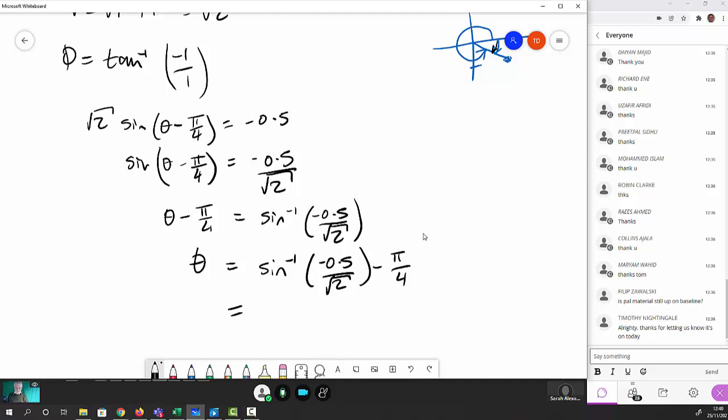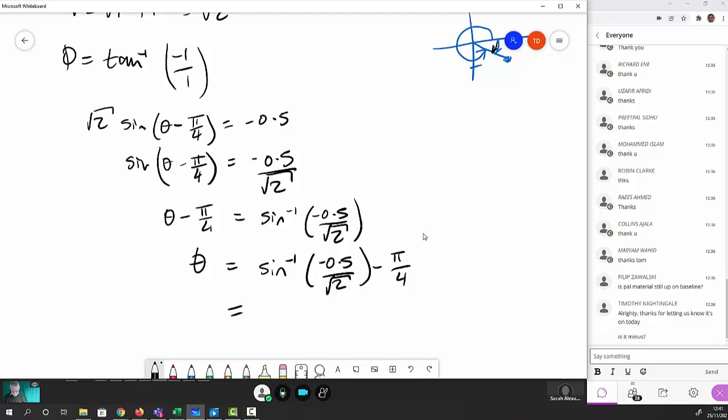So we're going to get arc sine of minus 0.5 divided by root 2, close brackets, and I get that equal to minus 0.36, and to that I'm going to add, yes that is plus, shift pi divided by 4, equals, and I get that to be equal to 0.42.